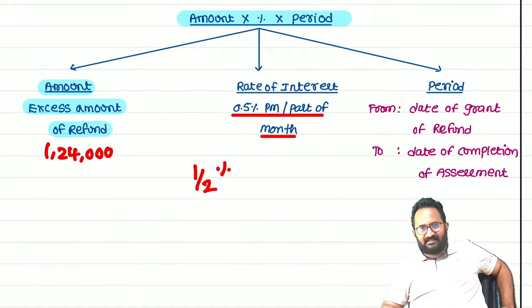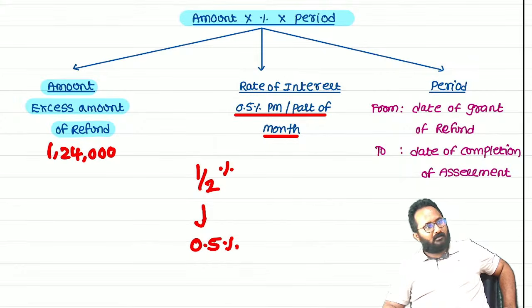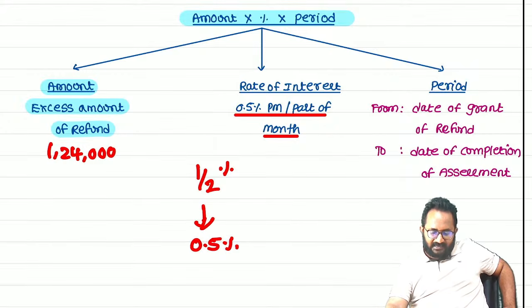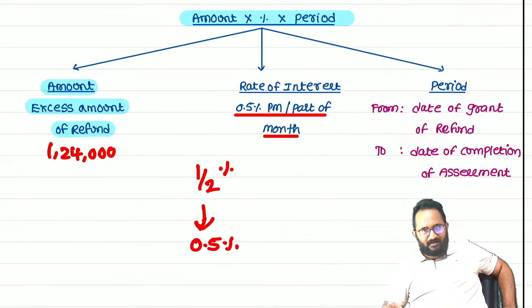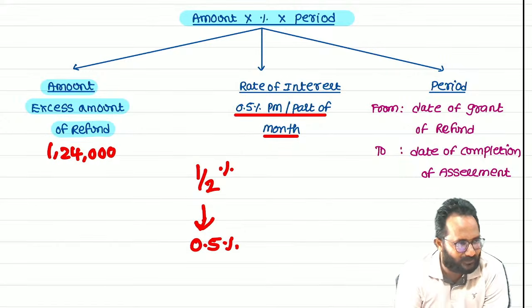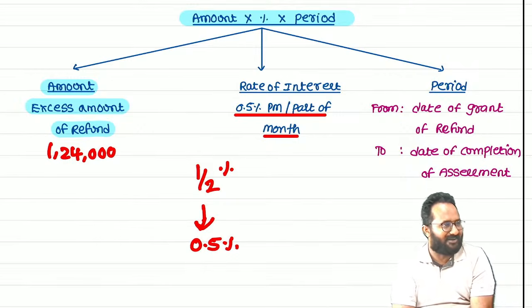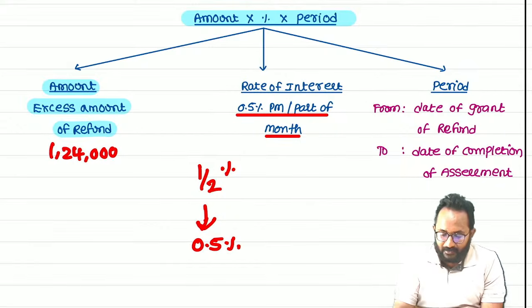If they give half percentage in an exam, what is the percentage? It is not 50%, it is only 0.5%. Half percentage means 0.5%. Okay, next period.